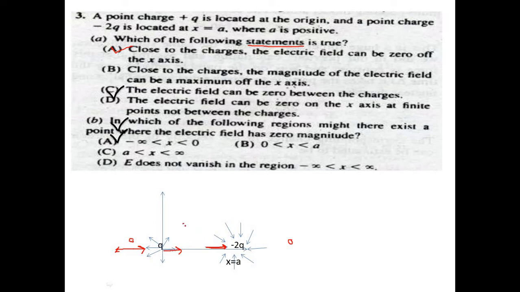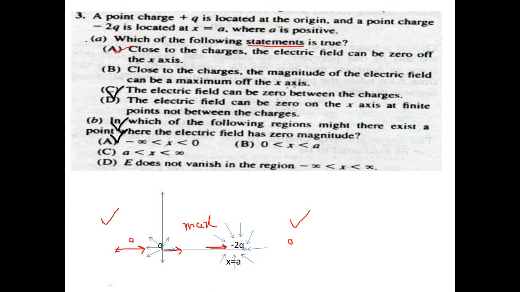So the electric field here can be maximum but not 0, right? So option C is also not the correct option. Now option D, the electric field can be 0 on the axis at a finite point, not between the charges. Yes, here or here it can be 0. So option D and option A both are the correct options.